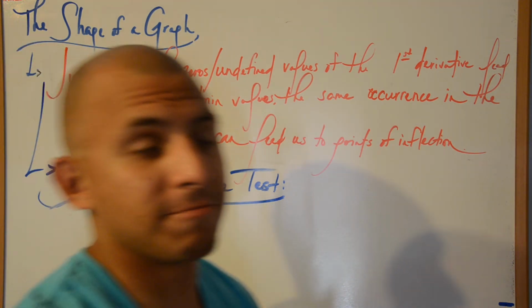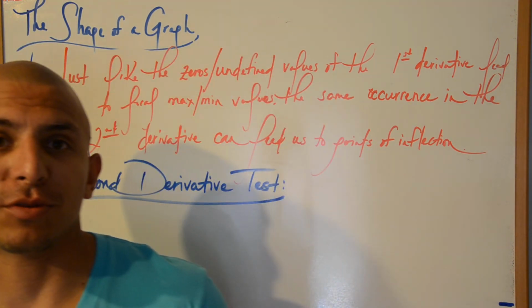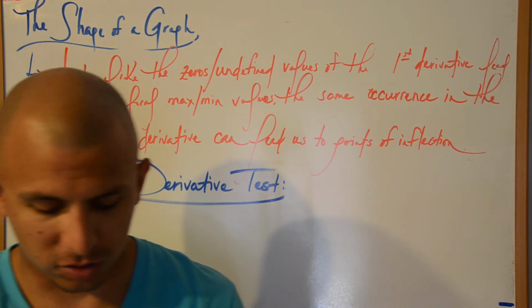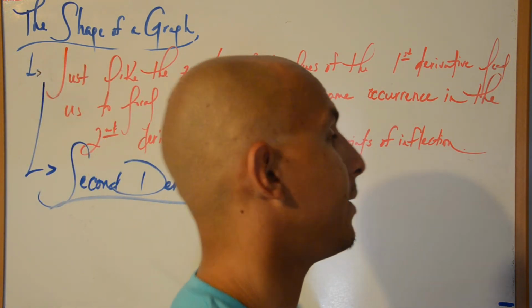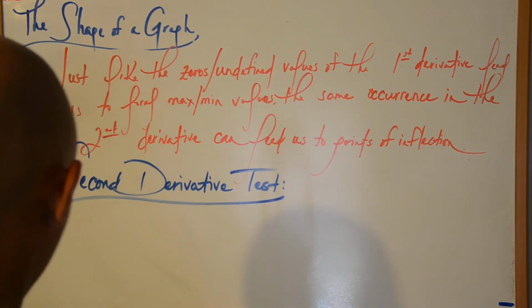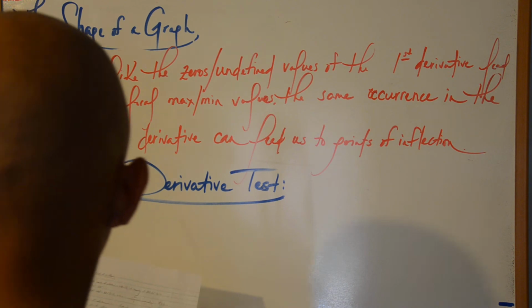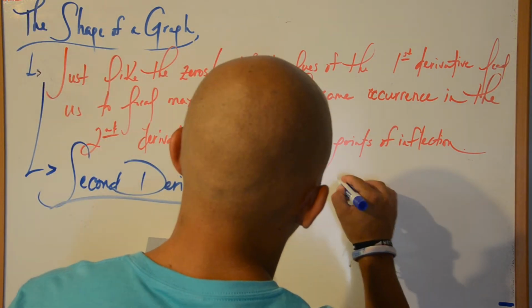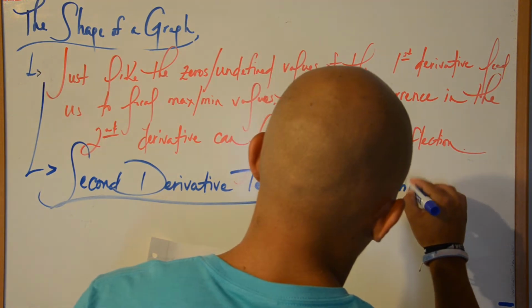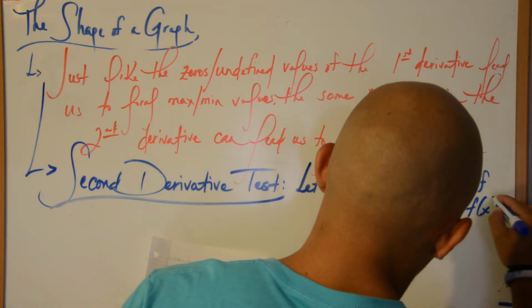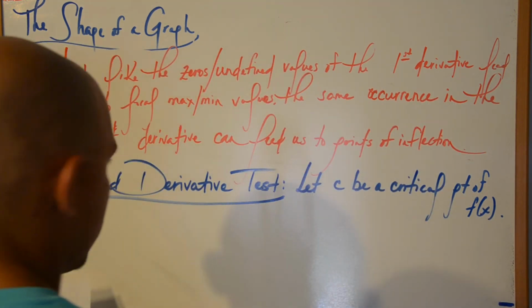Now, full disclosure, I like doing them separately. That's just me. But if you're somebody that's hung up on this idea of efficiency, by all means, this will be for you. So let's see the critical point of f of x.